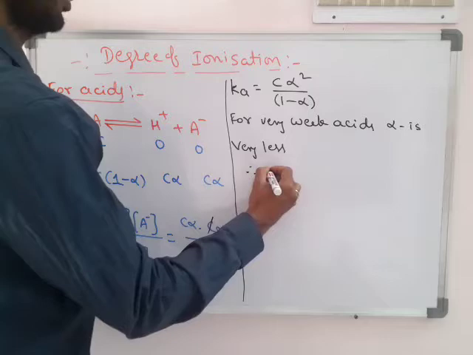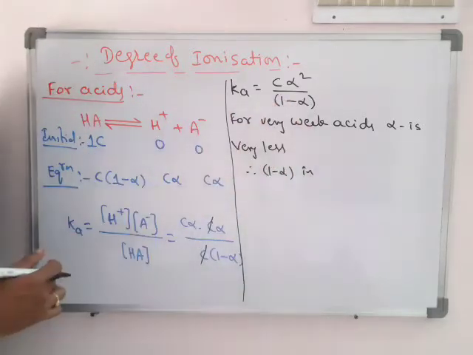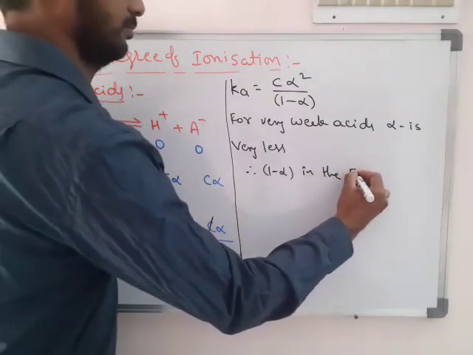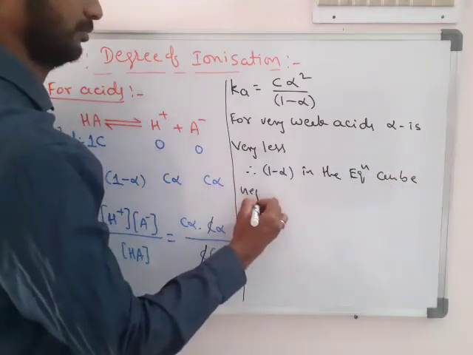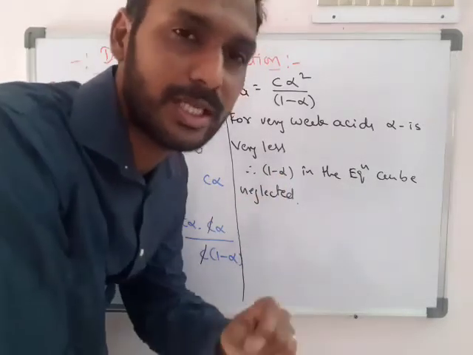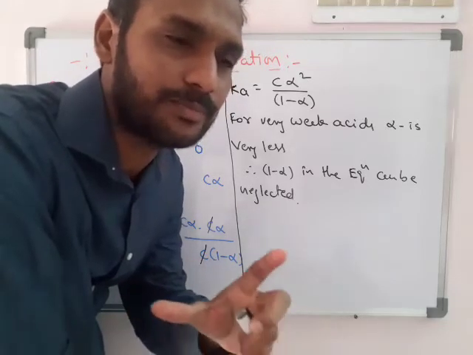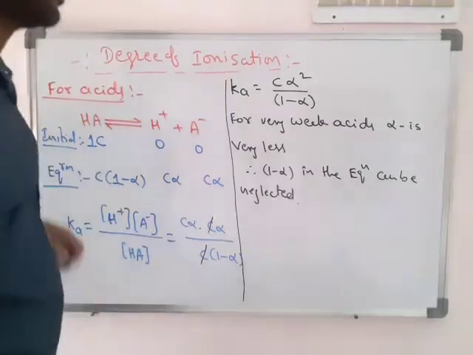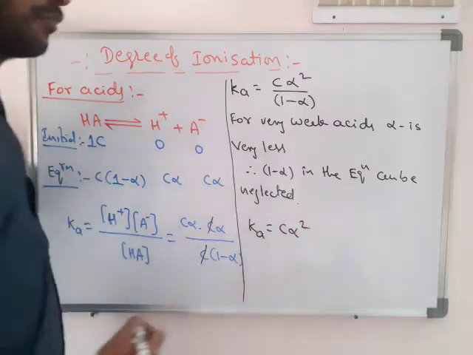Therefore 1 minus alpha in the equation can be neglected. A very small value present in the numerator we cannot neglect, but since it is present in the denominator, we can neglect it. So therefore we can write K is equal to C into alpha square.